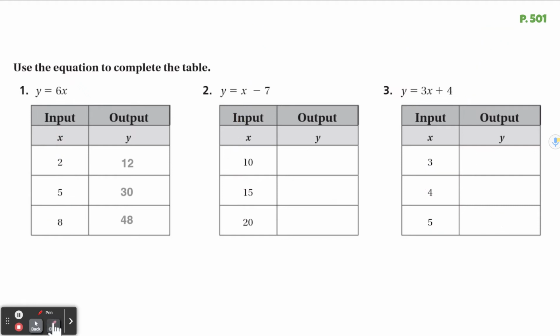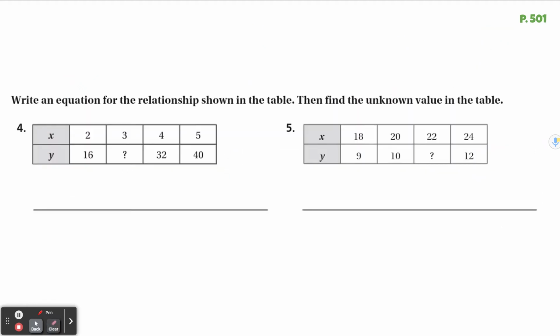All right, there's 2 more problems down here, which we have to write an equation for the relationship shown in the table and then find the unknown value in the table. So in the first one, they gave us the equation, and in these ones, we have to write the equation. So we need to look at how do we go from this first number, our x's, to our y's. I'm going to think, how can I go from 2 to 16?